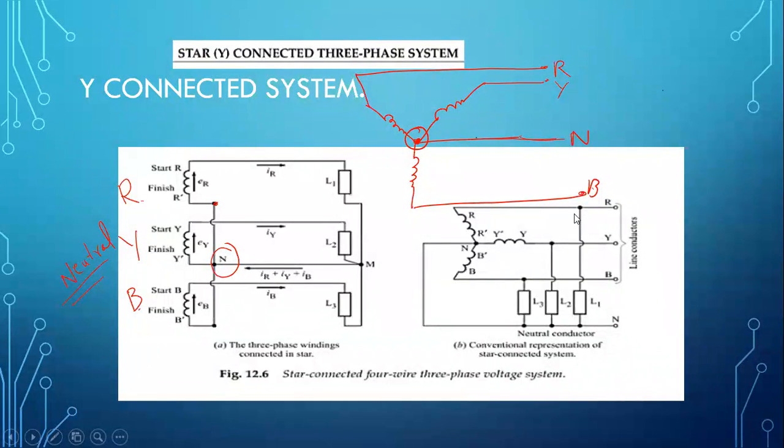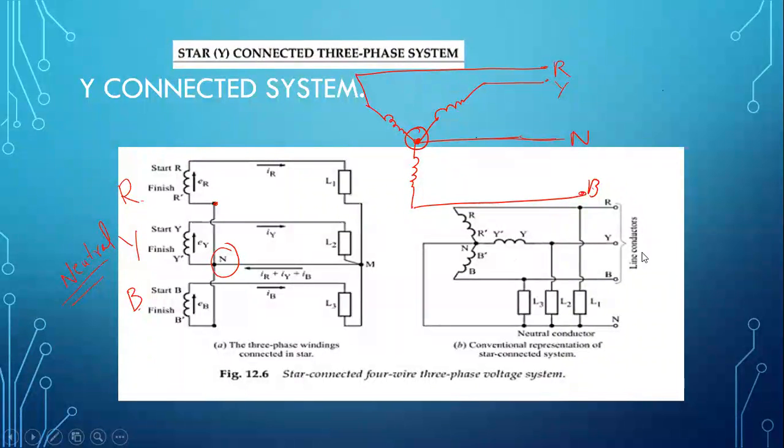So now you can see that there is a load connected between R and neutral, between Y and neutral, and between B and neutral. These are the loads that are connected in this star connection, and this R, Y, and B are nothing but line conductors.